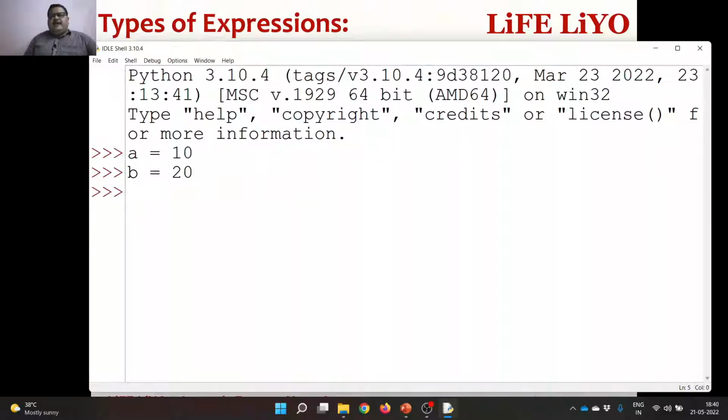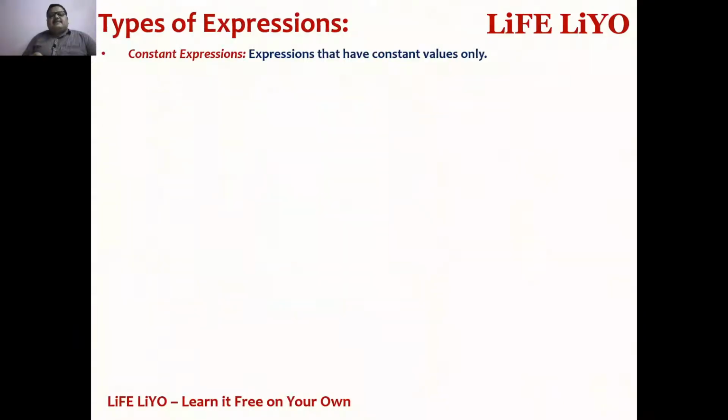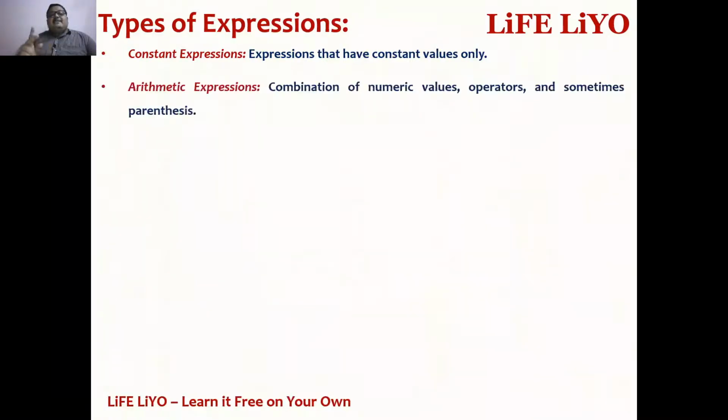Here A equal to 10 plus 20. Here 10 and 20 are constant values. So when you perform the operation on constant values, we get a constant value itself. That type of expression, performing the evaluation on constant values, is called a constant expression.